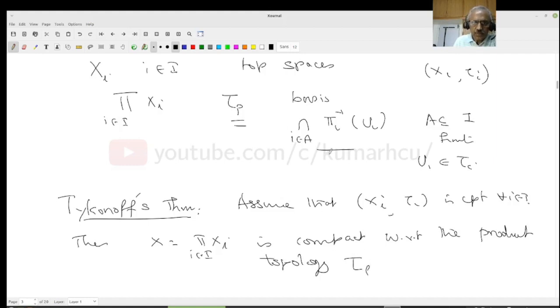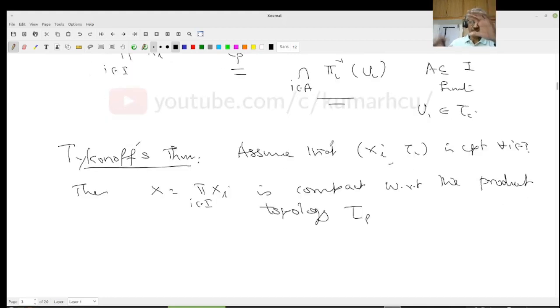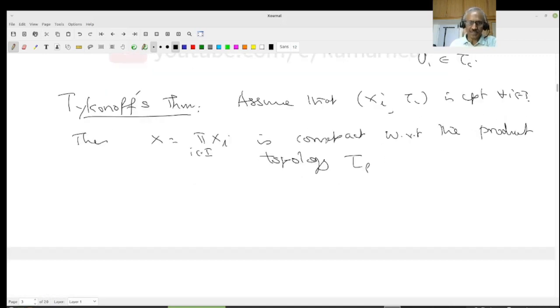This is the topology whose basis is these elements, the π_i inverse of U_i. If you had looked at my first lecture on this, you will know how to look at these things. You also know what the intersection over i in A of π_i inverse of U_i looks like. You have a geometric description. It's not just a simple set theoretic thing. We had explained all these things.